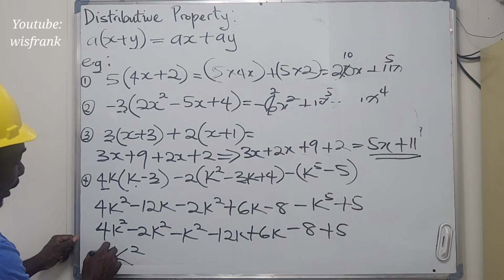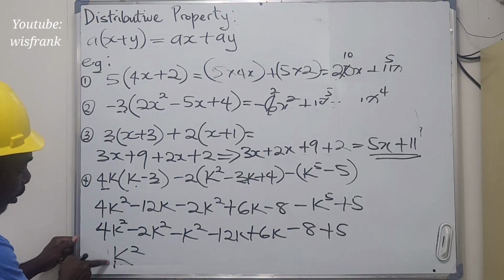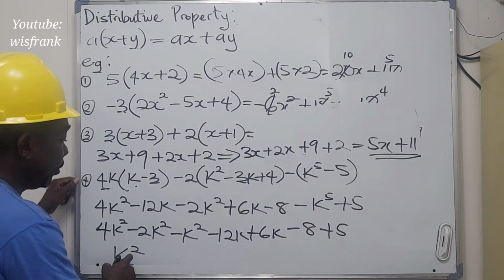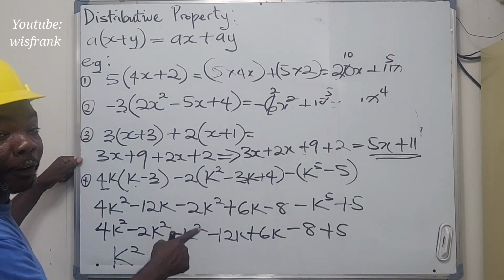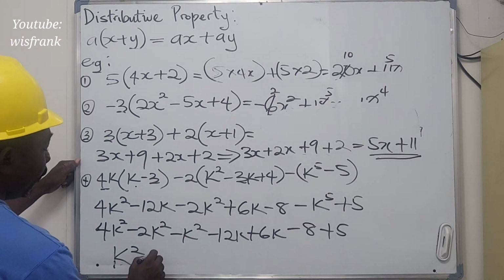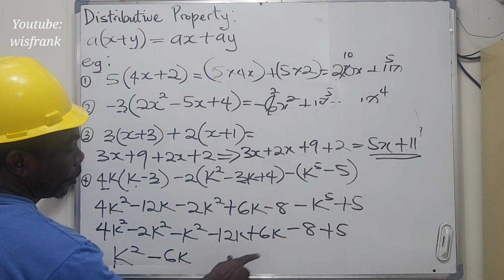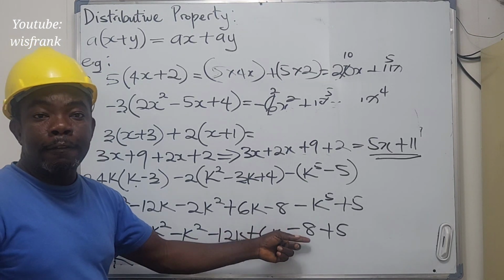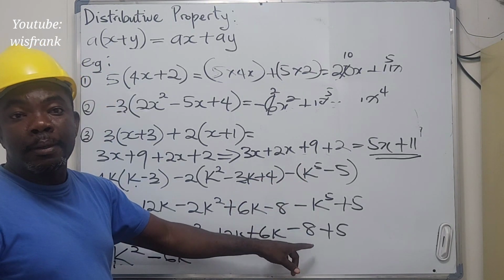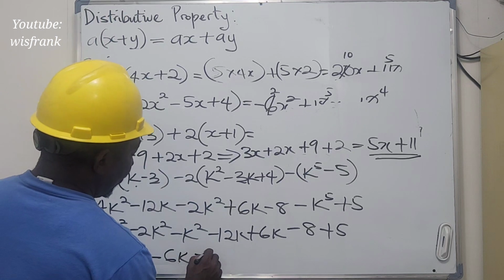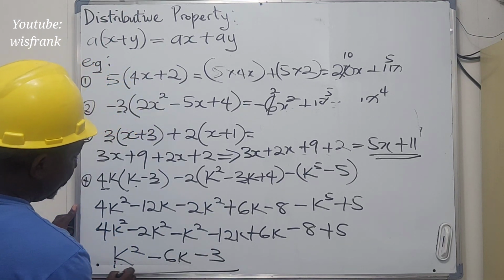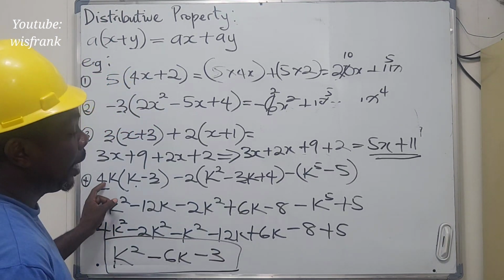So we don't write 1 as the coefficient of this variable. The next one is minus 12k plus 6k will give us minus 6k. The next one is minus 5 minus 8 plus 5 will give us minus 3. So this is the simplified answer to this expression.